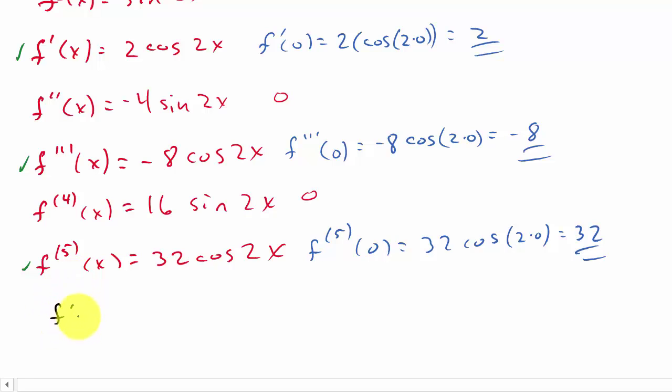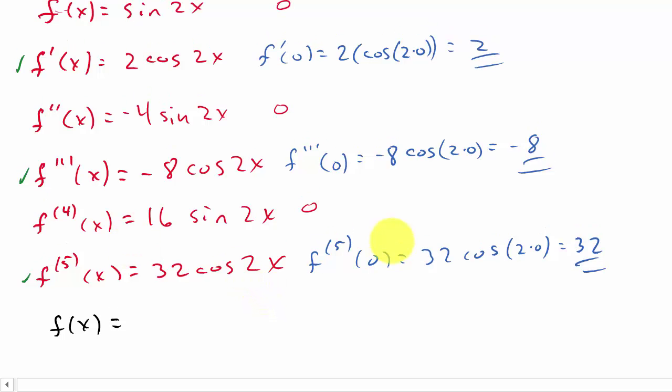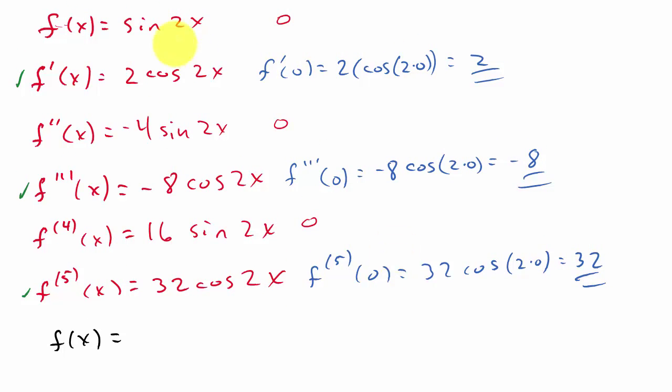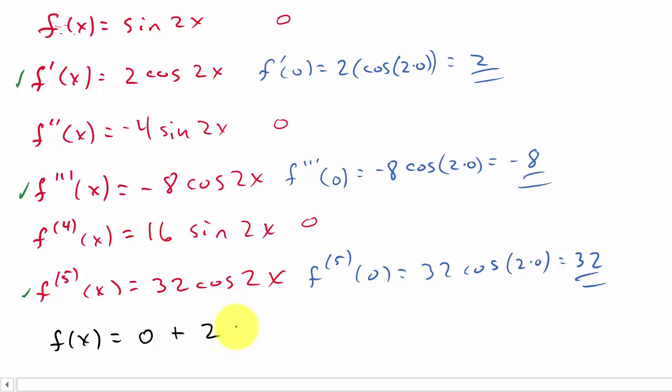So now I have f of x is equal to, let me bring this down a little bit, f of x evaluated at 0, so f of 0, which is 0, plus this term, 2 times, now remember, it's x minus 0, but that's just going to give us x.